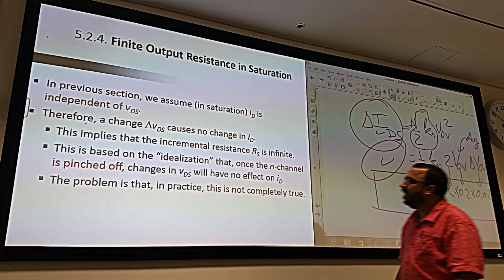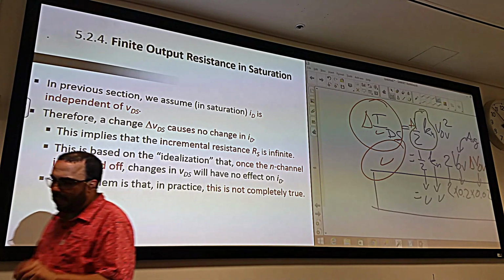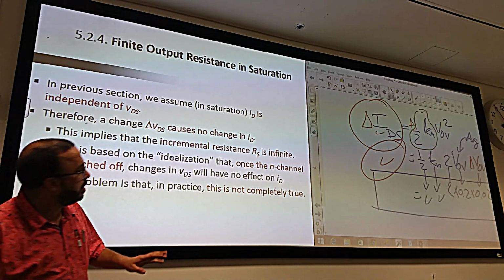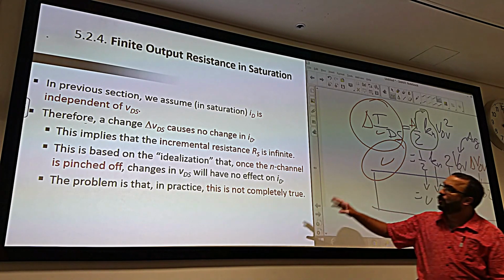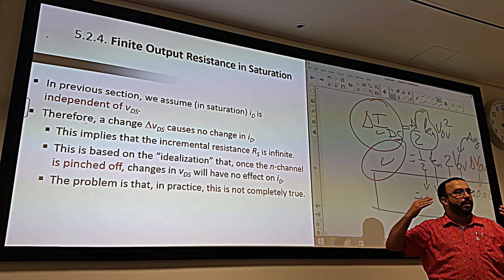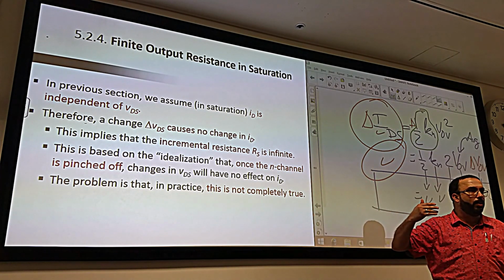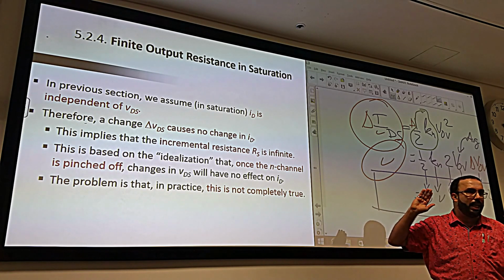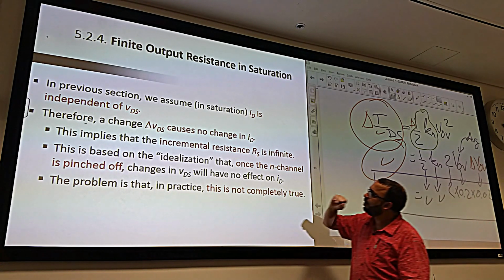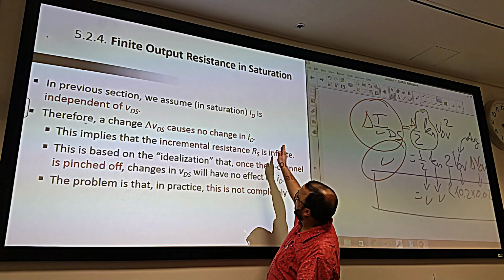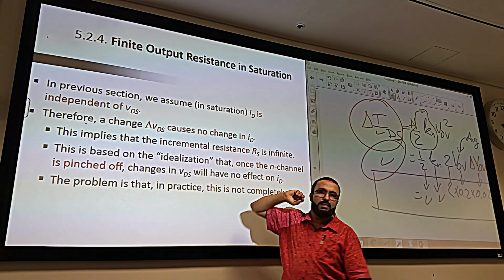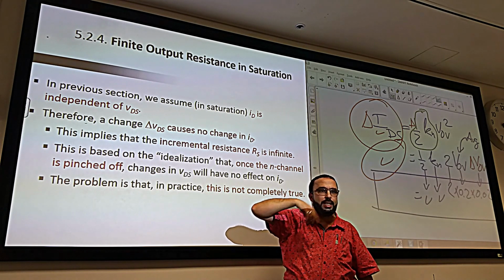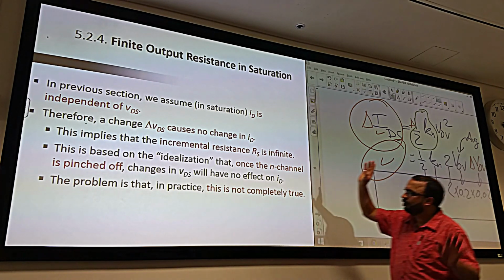Now we touch something a little bit interesting, and we will finish it very quickly. So far we assume that IDS is absolutely independent of VDS, and therefore any change in VDS will not cause a change in IDS, the drain current.